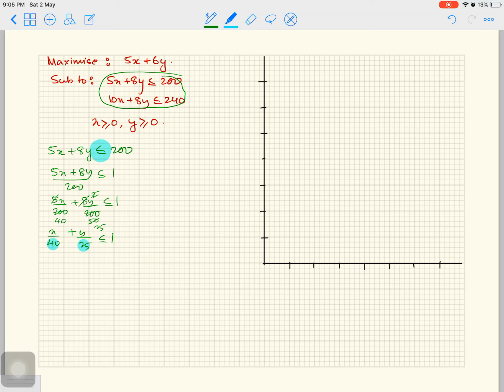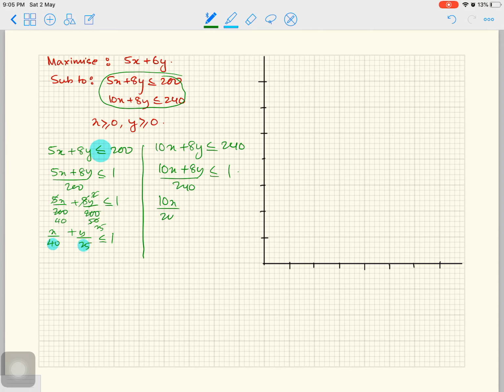Before we plot, we need to check the other one as well, because I don't know what numbers to mark on the axes. So the second one is 10x plus 8y is less than or equal to 240. Then 10x plus 8y divided by 240 is less than or equal to 1.